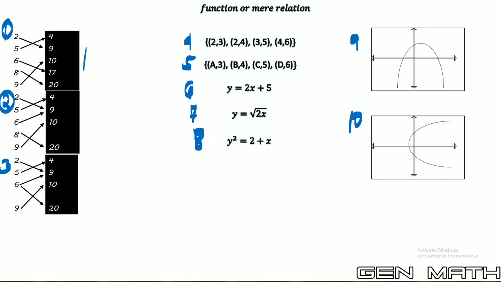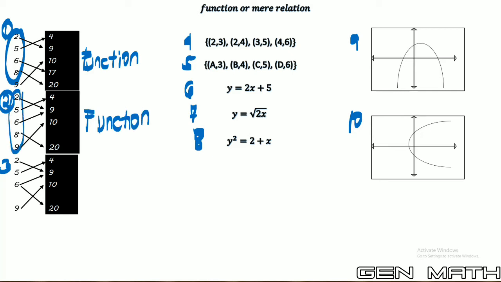Number 1 is a function because you cannot see an element of the domain that is mapped to two numbers in the range. Number 2 is a function also because you cannot see any element of the domain that is mapped to two numbers in the range.